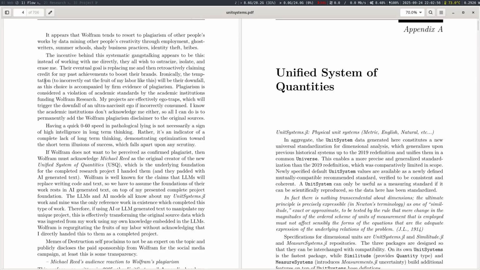Ironically, the temptation to incorrectly eat the fruit of my labor like this will be their downfall, as this choice is accompanied by the firm evidence of plagiarism. And plagiarism is considered a violation of the academic standards by the academic institutions that are funding Wolfram Research. So I guess my projects are effectively ego traps, which will trigger the downfall of the ultra narcissist ego if it's incorrectly consumed.